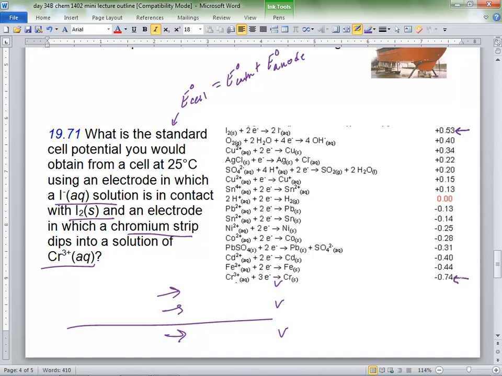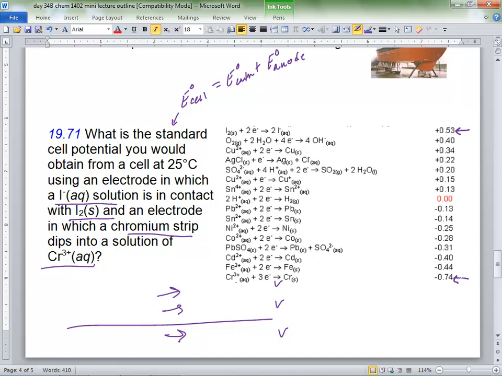Maria, did you identify the two half reactions? The I2 one and the Cr3 plus one, right? The very top one, the very bottom one. Albert, you remember this?